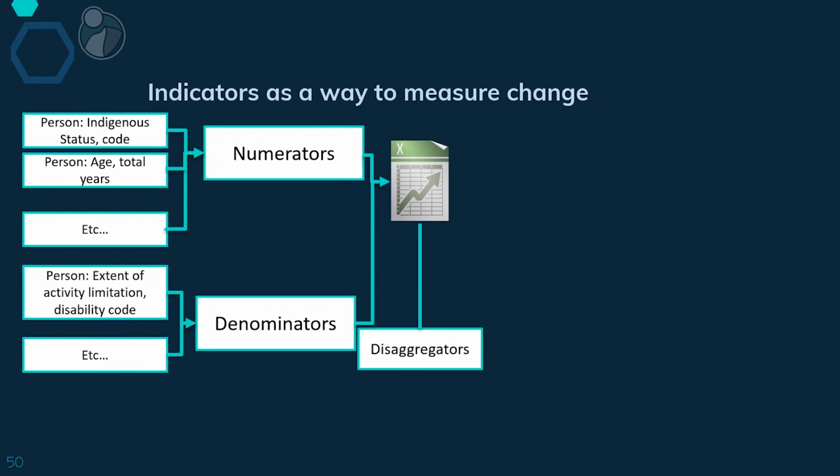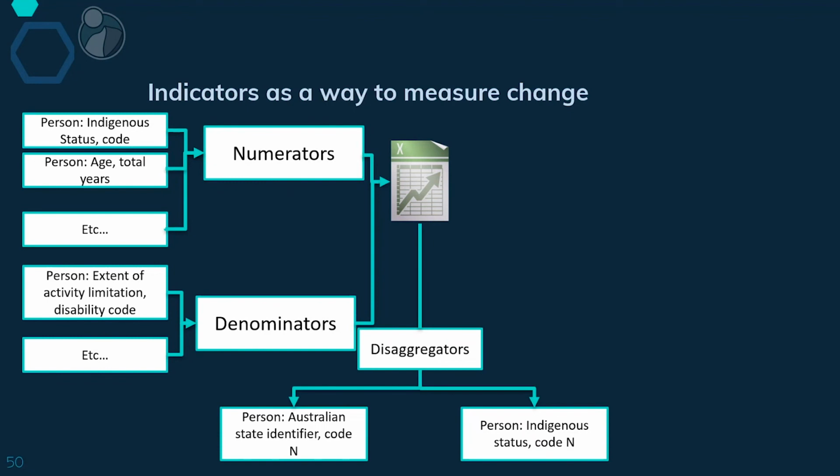And then we might want to understand how we can break this down to understand how all parts of the population are working towards benefiting from this positive change. In this example, we might look at, again, understanding how it's broken down by Indigenous status or Australian state to make sure that everybody is achieving this same positive outcome.